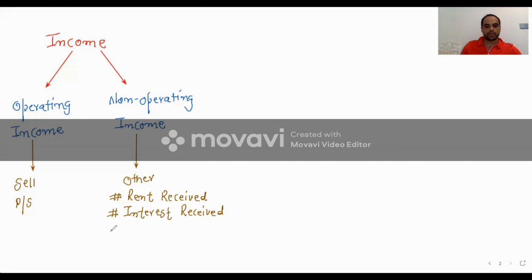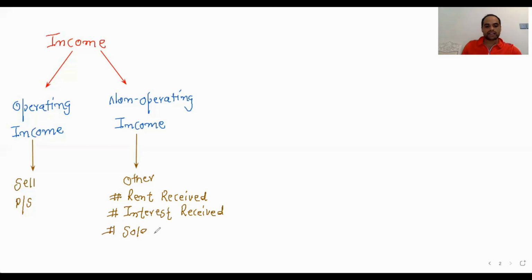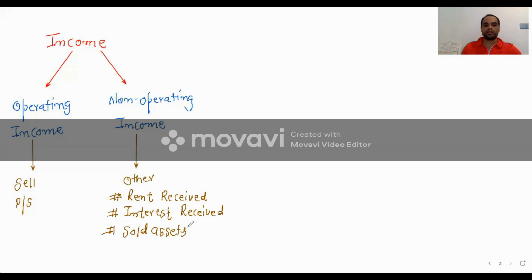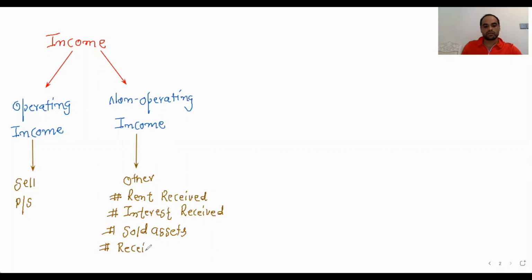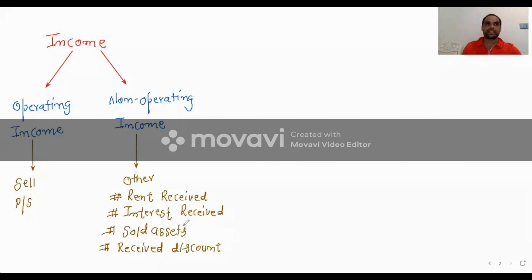Interest received. Maybe the company sold assets. Let's say the company has some assets that are not in use anymore. The company sells them and generates money. That's called non-operating income. Another could be, let's say, the company received discounts.